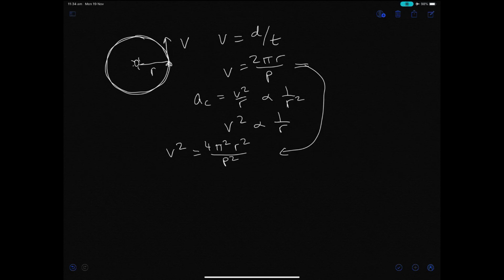So now you have these two terms that are the same, and when you do some rearranging, you find that r cubed over p squared is proportional to 1 over 4 pi squared. What that means is that you've just found out Kepler's third law, which says that the semi-major axis, which is essentially the orbital radius, cubed divided by the period squared is equal to some constant.